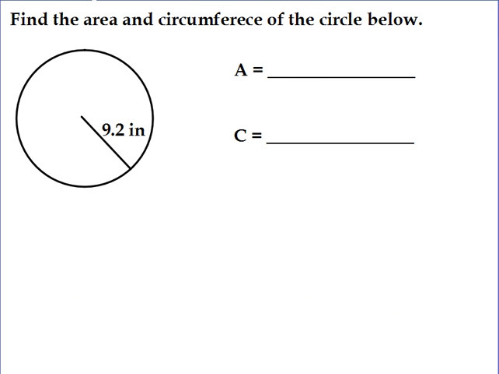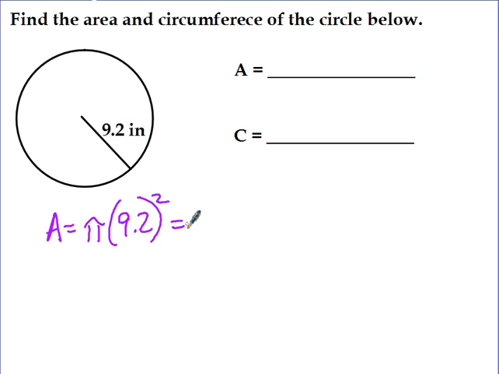So, first one, they give you the radius, so all you have to do is plug into the calculator. So to find the area, it would be pi times 9.2 squared. And for all of these, while I'm going through the notes, these are all using calculator pi. So I'm not using 3.14, I'm actually pushing the pi button, and it is doing the entire decimal.